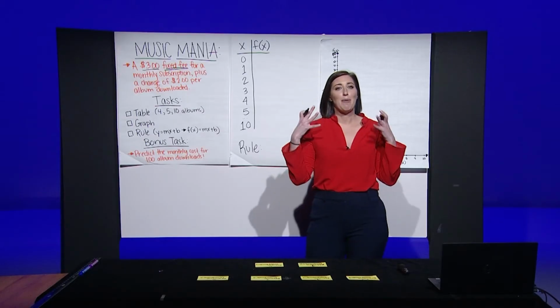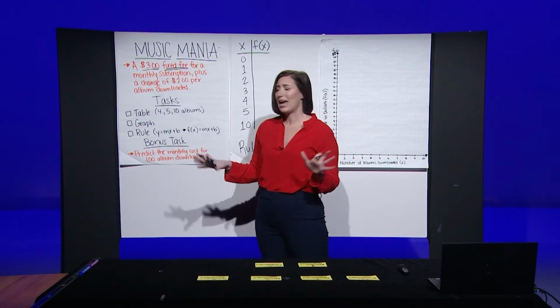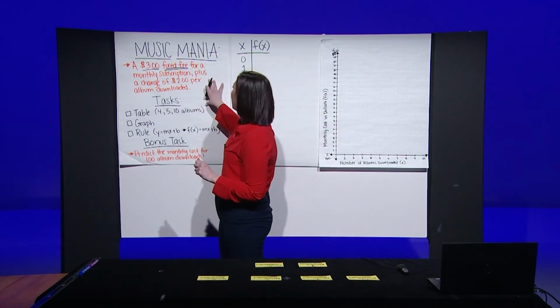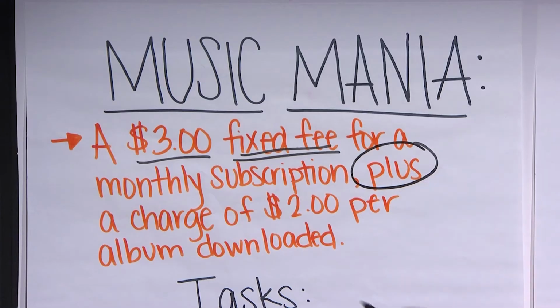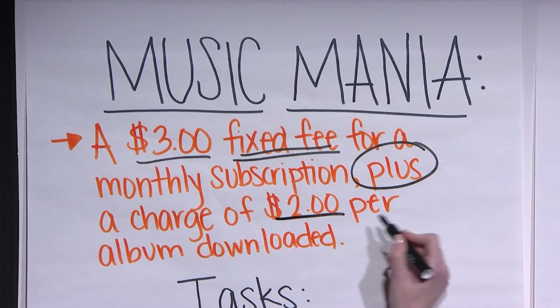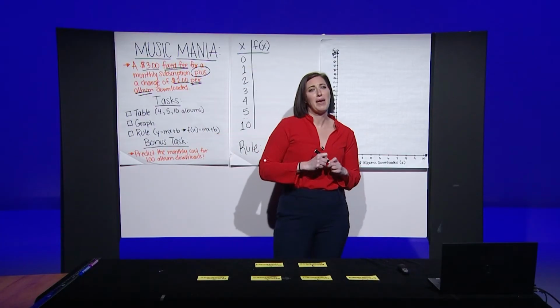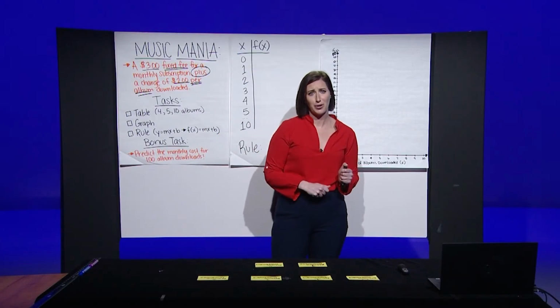That means it's going to happen over and over and over again every month, even if I don't buy any albums that month. The other thing I need to know is that I am adding on a charge of $2 per album downloaded. So every time I buy an album, I have to pay an extra $2 for that album.